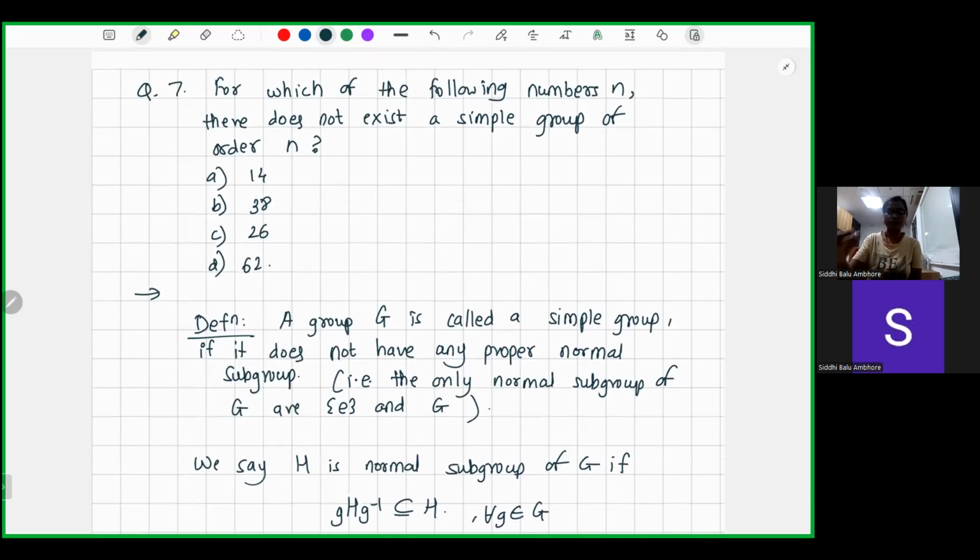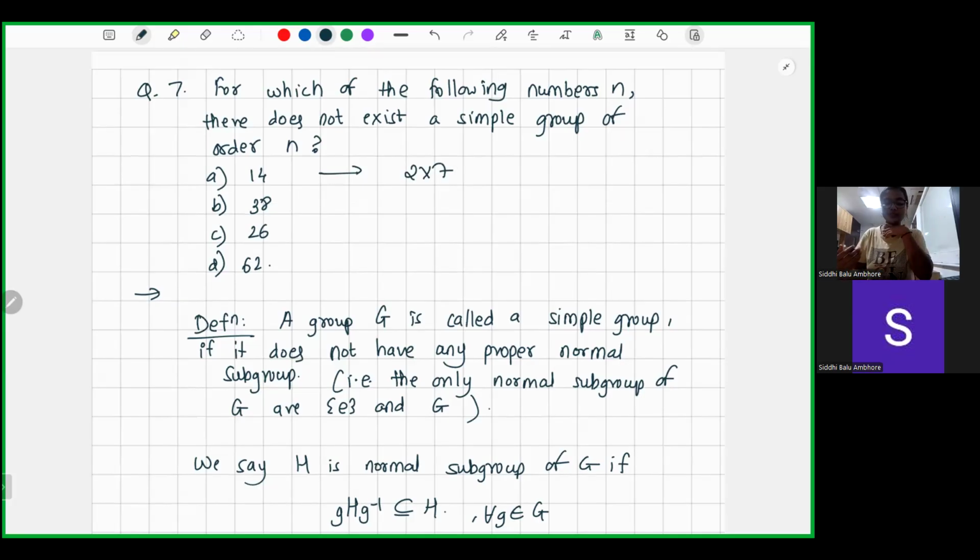So when we are asked this here, we just need to check whether it is a product of two primes or not. For example, 14 here is 2 into 7. It is a product of two primes.